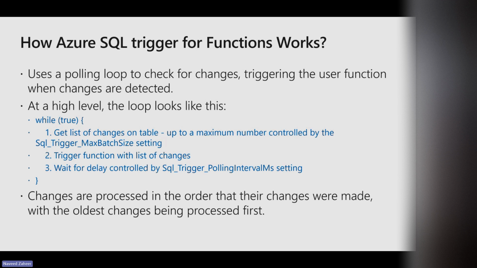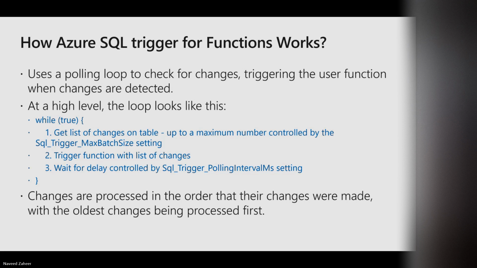So let's move on. How does this function work? First of all, it works on Azure SQL, SQL Managed Instance, and SQL Server. At a high level, think of it as looping and checking for changes. There is a loop that goes in and gets a list of up to the max number of changes, and we will talk about that as well.